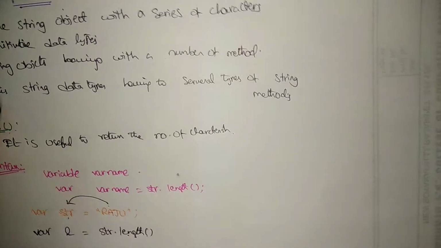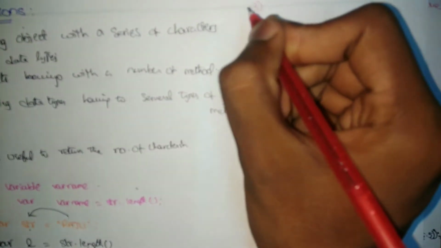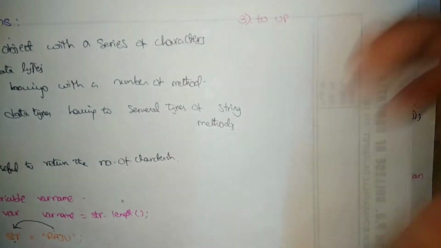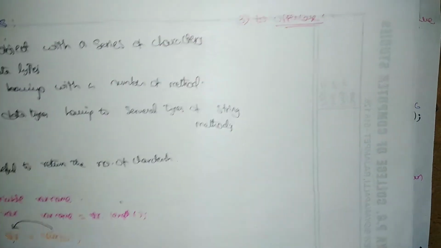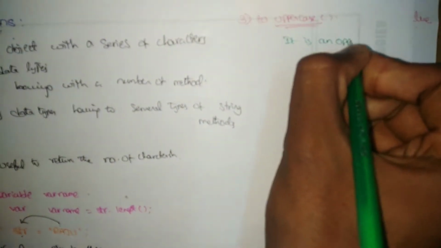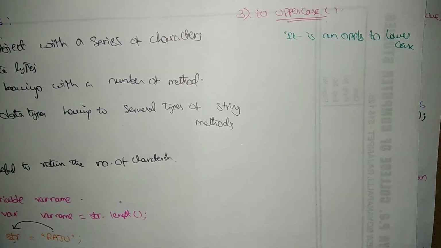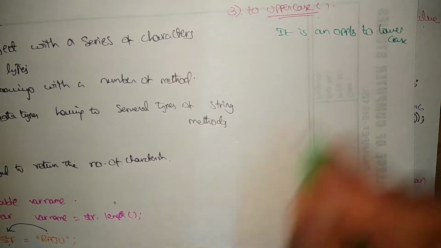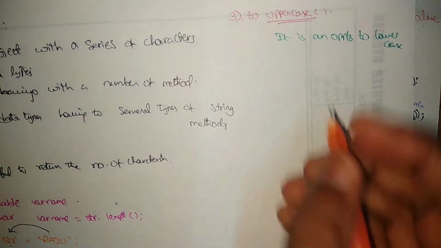Now next, the third one, toUpperCase. It is the opposite of toLowerCase. With toLowerCase, the capital letters in a string variable are converted into lowercase letters, and with toUpperCase, the lowercase letters in a string variable are converted into uppercase.